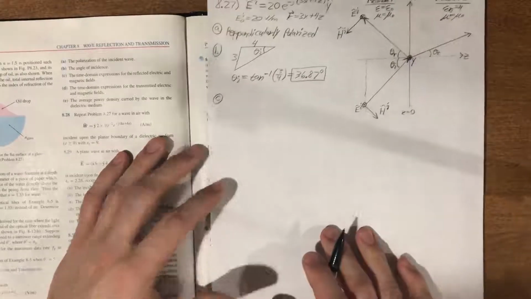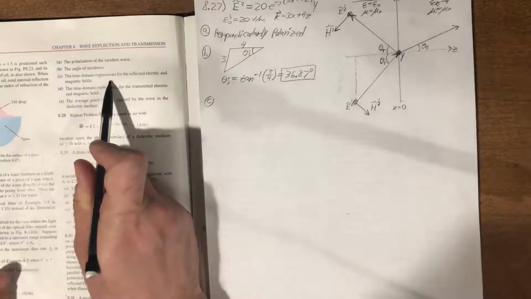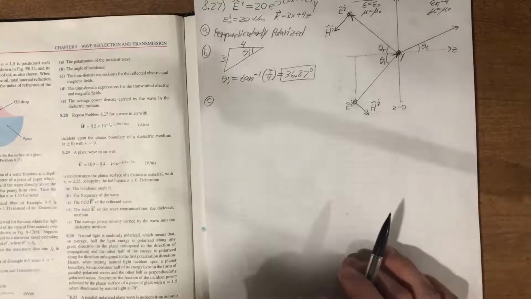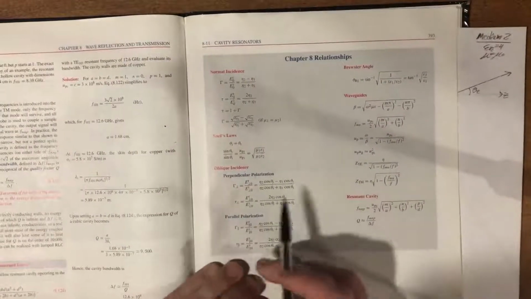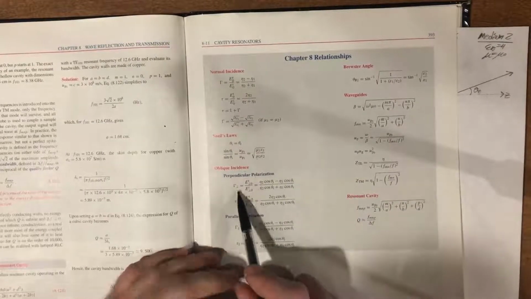Now for letter C, they want us to find the time domain expressions for the reflected electric and magnetic fields. So to do this, we have a few equations to find some of the components we need.